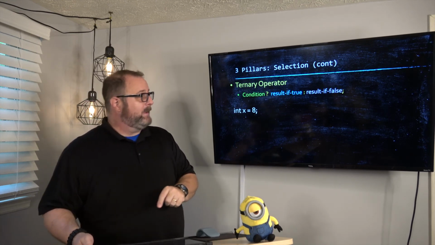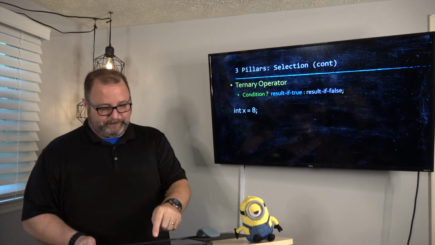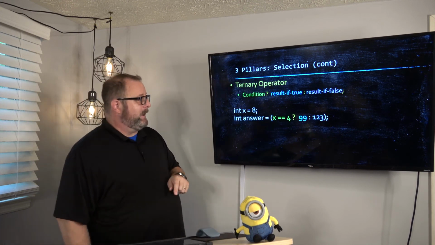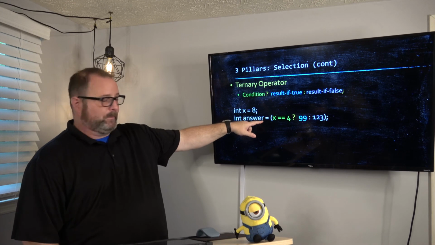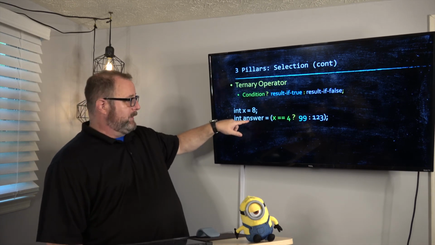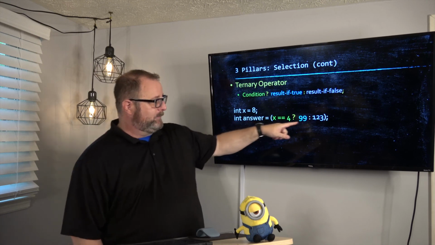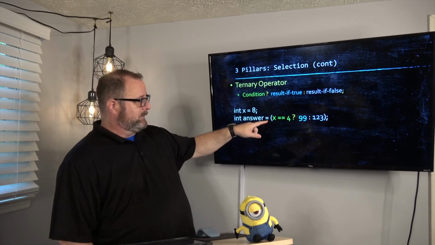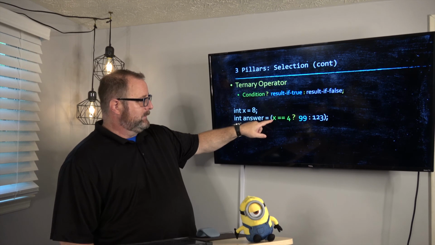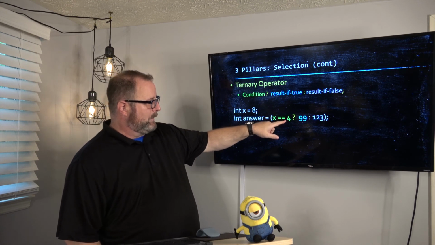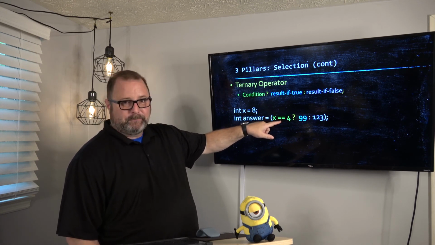So let's say I have int x equals 8. And I can say int answer equals, so this is another variable, and it's being assigned whatever this evaluates to. So it's going to evaluate to, does x equal 4? Now this is equals equals.